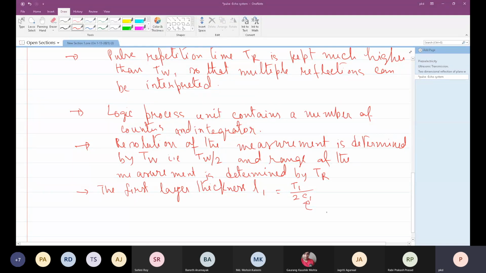C1 is the velocity in medium 1. So C1 needs to be known to determine L1, and the second layer thickness, L2.